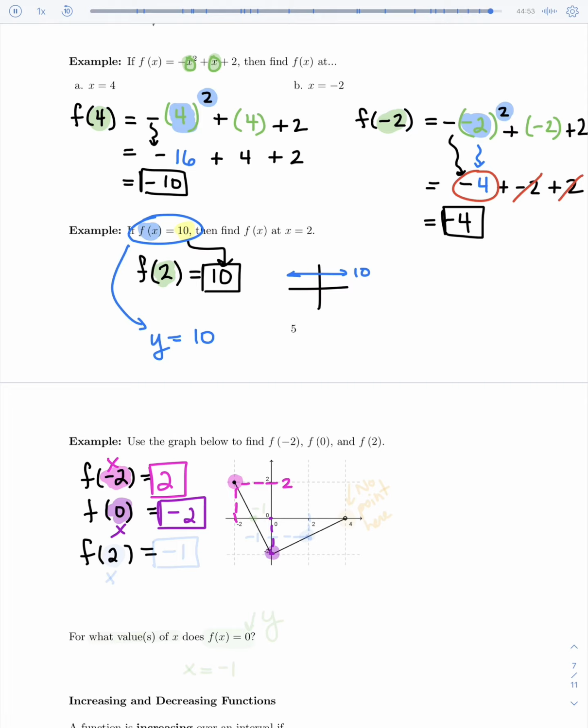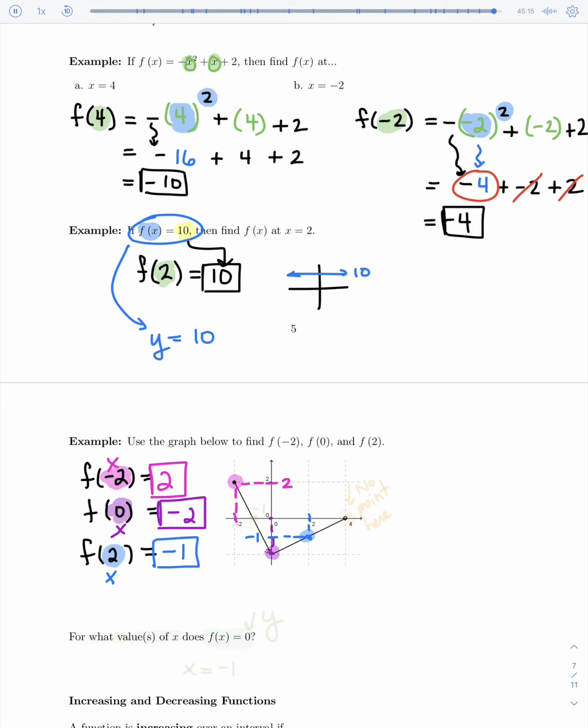One last one. When x is +2, our graph is here, which means that we are right about at -1. Our y value would be just about -1.